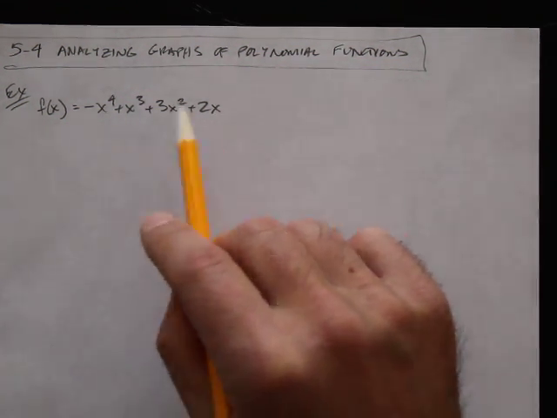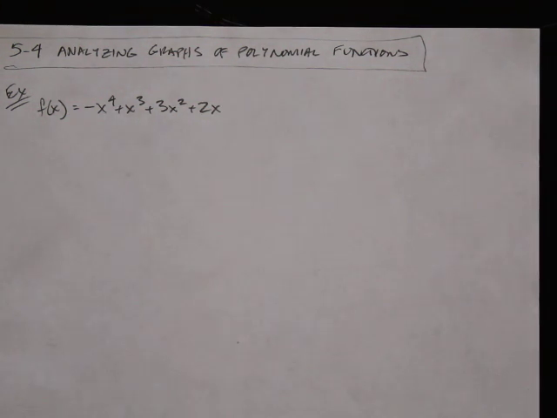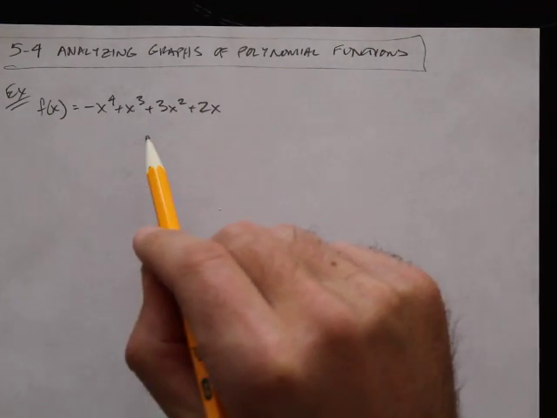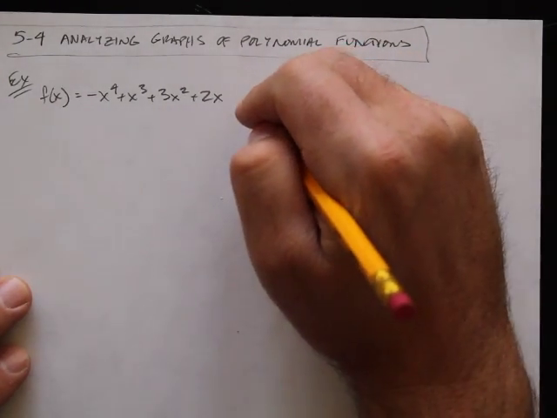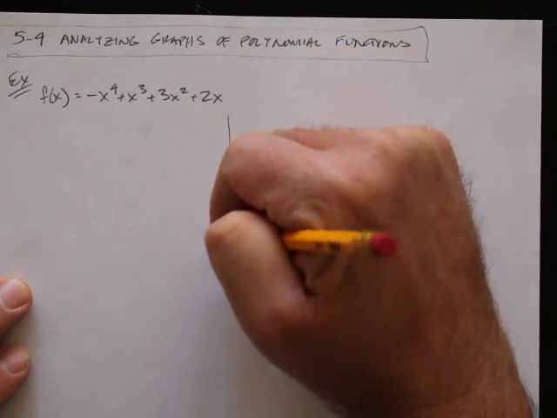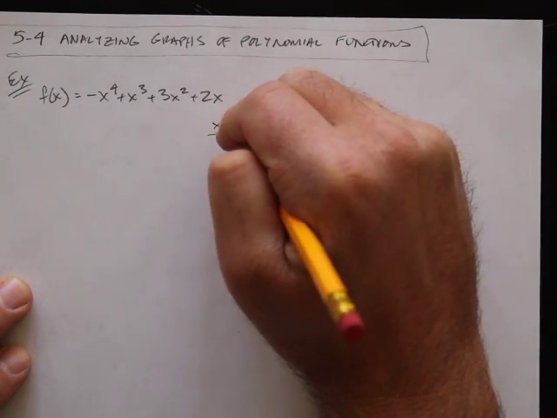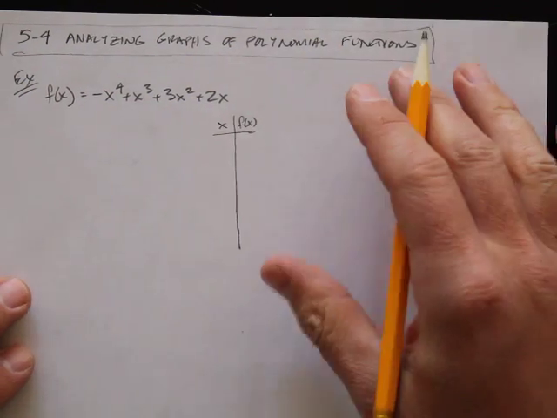Now, we don't know much about this polynomial here, but we can graph this. And one way to graph this is to just plug in x values and find out what our y value would be if I plug in a certain x value.